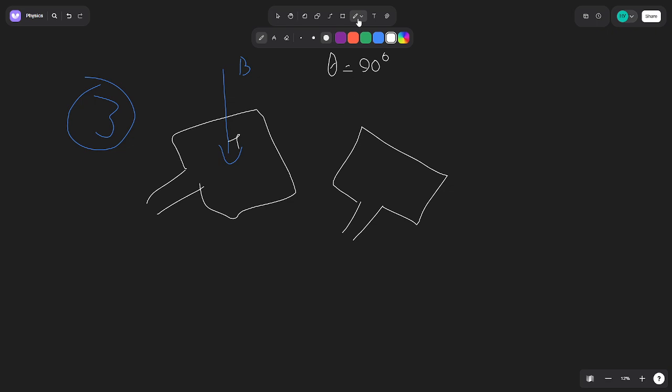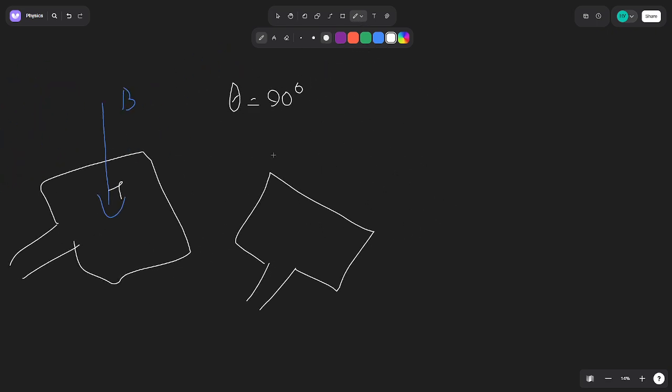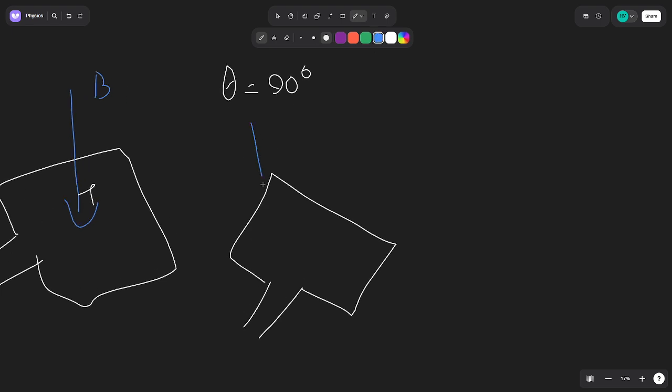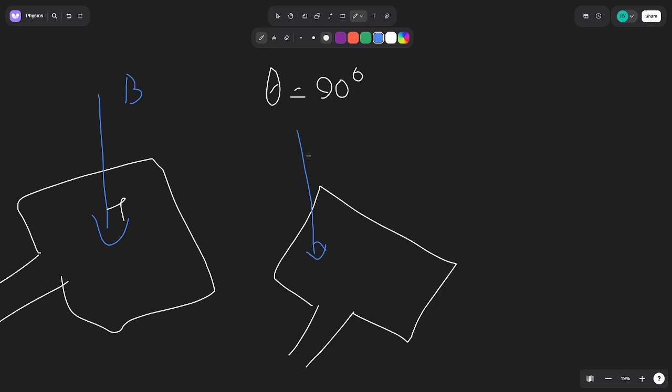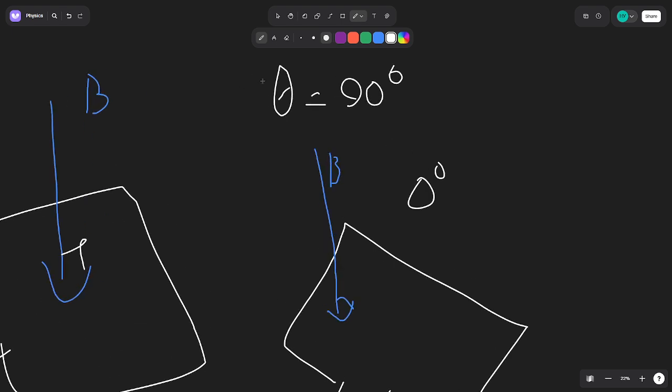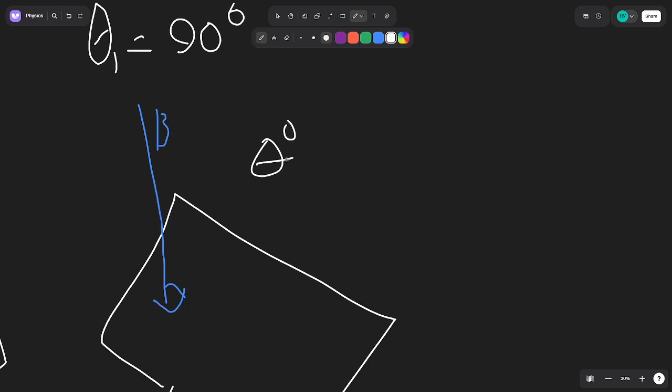So now, since we pulled the coil up, it's not falling on it with this angle anymore. So the magnetic field goes through the loop with an angle, like this is the first case, right? And this is the second.